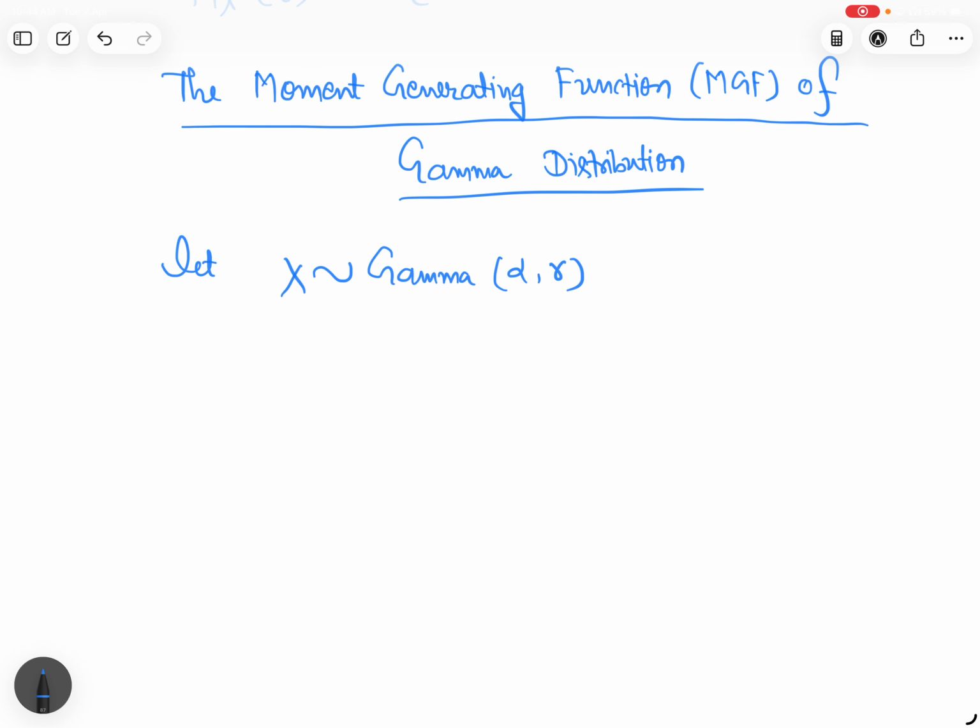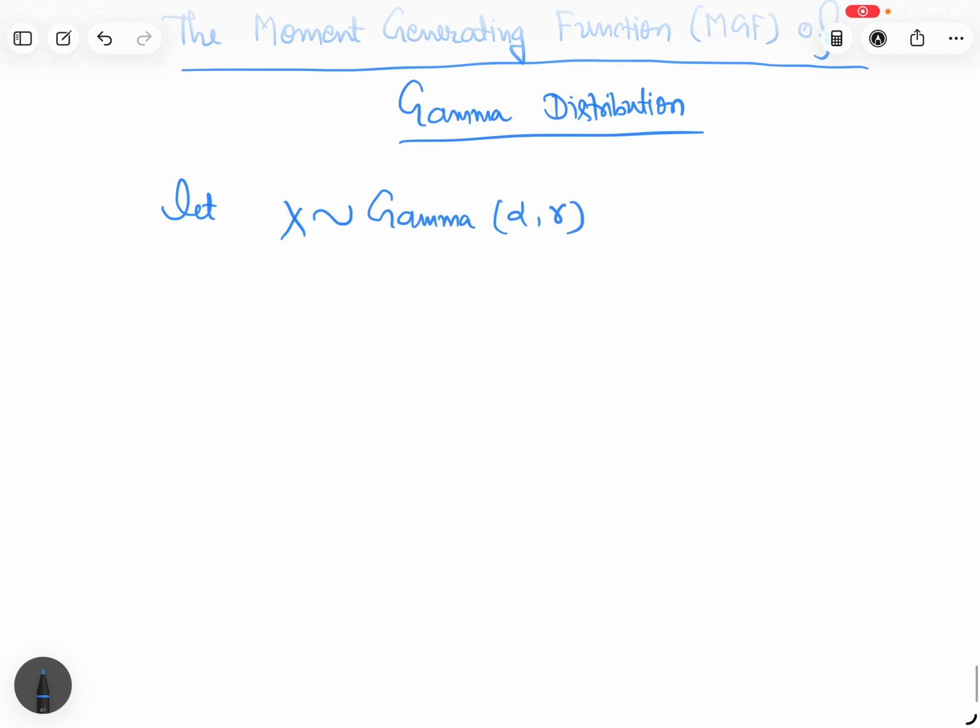So this will be the integral from 0 to infinity of (s upon alpha minus t) to the power r minus 1 e to the power minus s ds. Okay. Now you can take this part common, alpha to the power r upon gamma r.